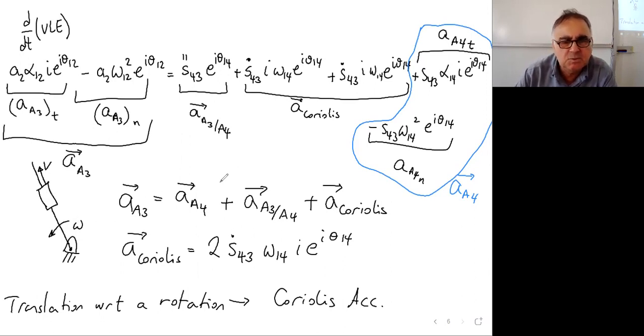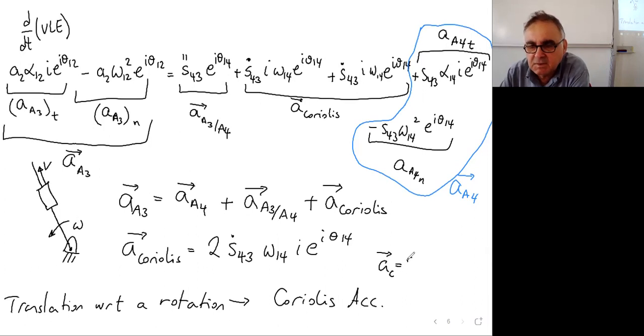Now the Coriolis acceleration, the vectorial expression, is 2 v crossed with omega. Was it omega crossed v? I think it was omega crossed v. Doesn't matter for 2 dimensions, but for 3-dimensional motions, omega cross v.